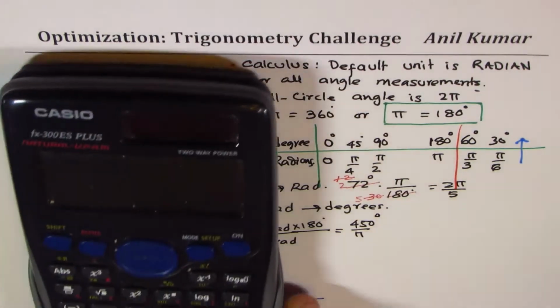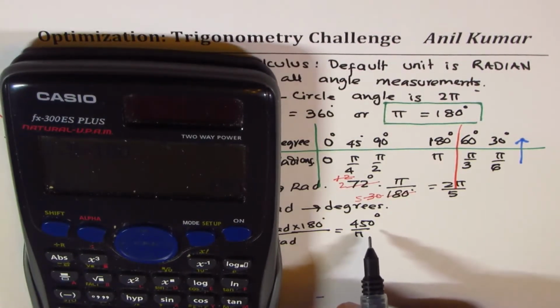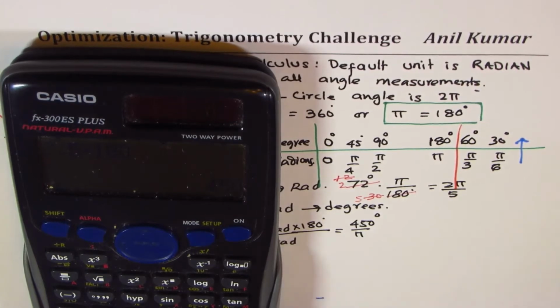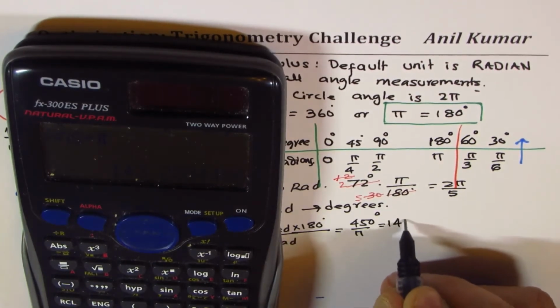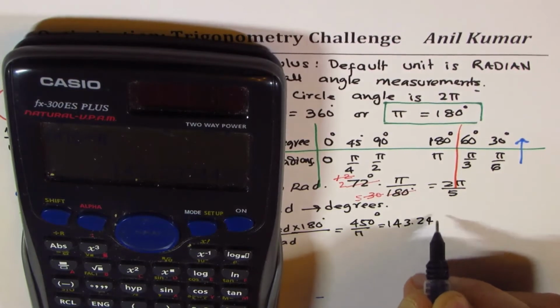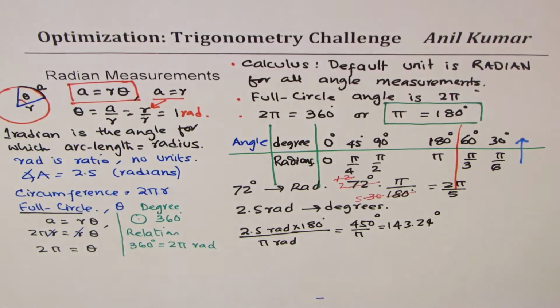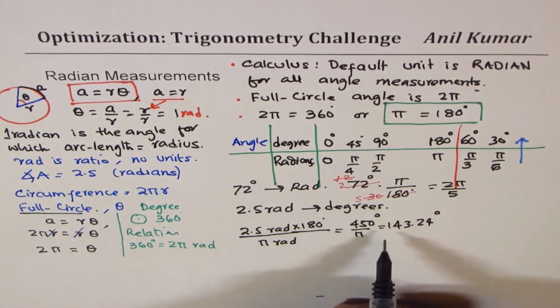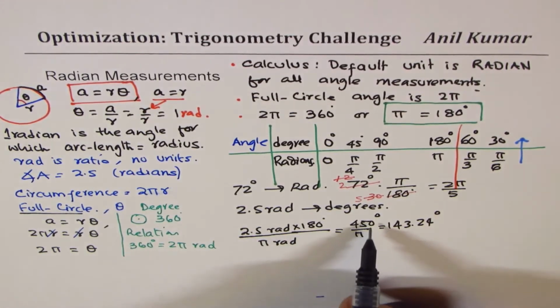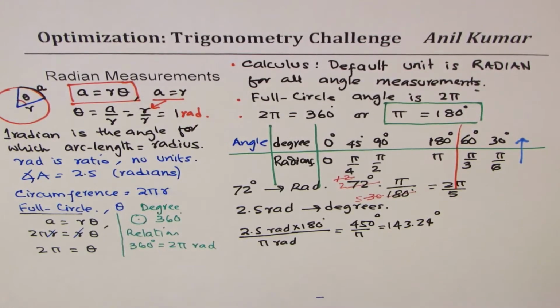Right? So you could actually get the answer in decimals. We'll do 450 divided by pi to get the answer as 143.24 degrees. Is it okay? So you could convert radians to degrees by multiplying by a factor of 180 by pi.